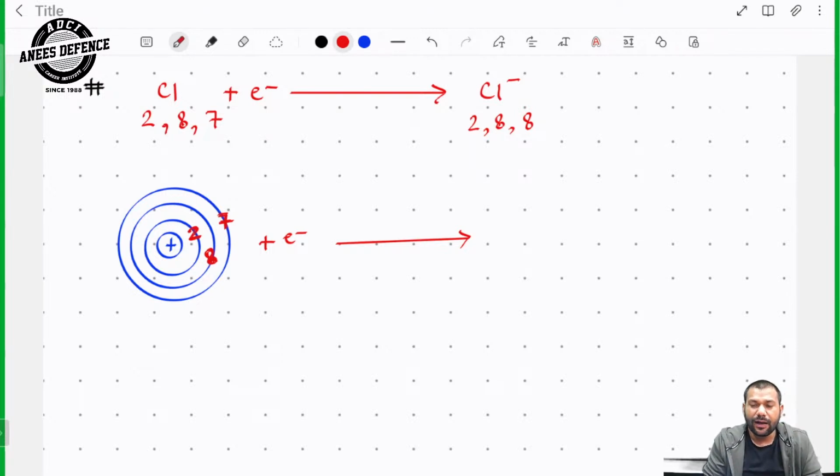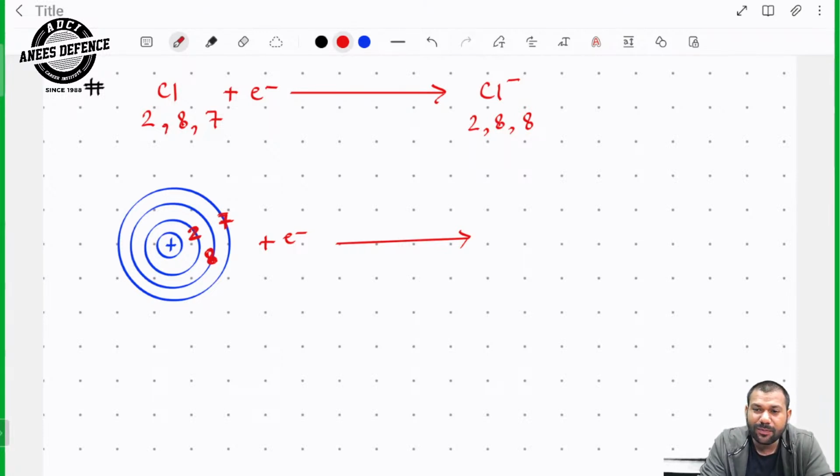So it will be somewhat problematic for the nucleus of the chloride ion, or the nucleus of chlorine, to hold on to 8 electrons. Because we are gaining one extra electron, there will be a little bit of variation in the atomic size, because now the nucleus is not very capable of holding 8 electrons.